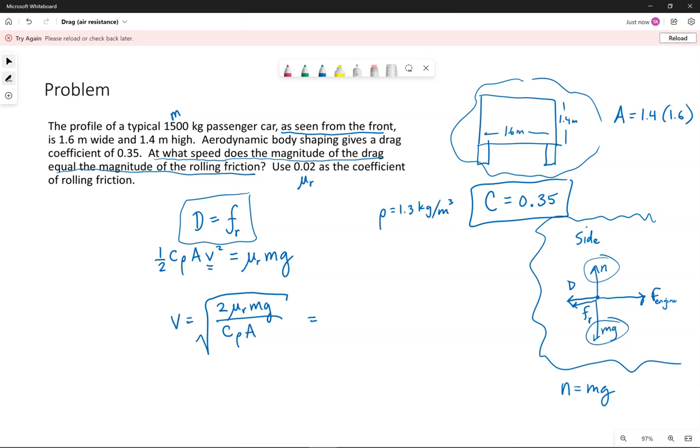So they give us these values. So plugging in 0.02 for the coefficient of rolling friction, the 1,500 for the mass, 9.8, C, rho, and then 1.4 times 1.6.